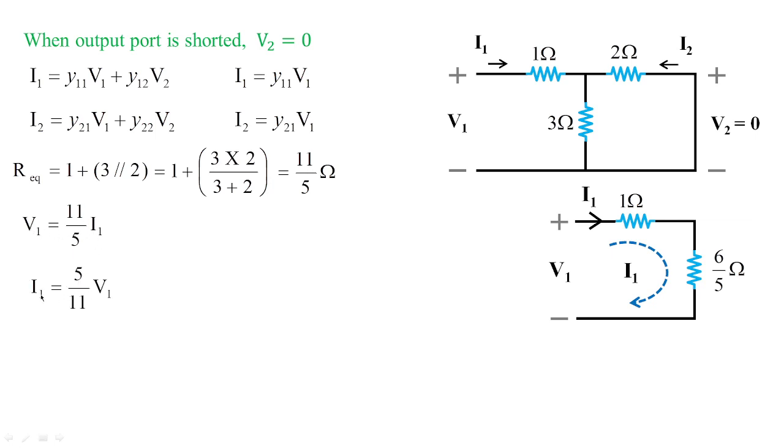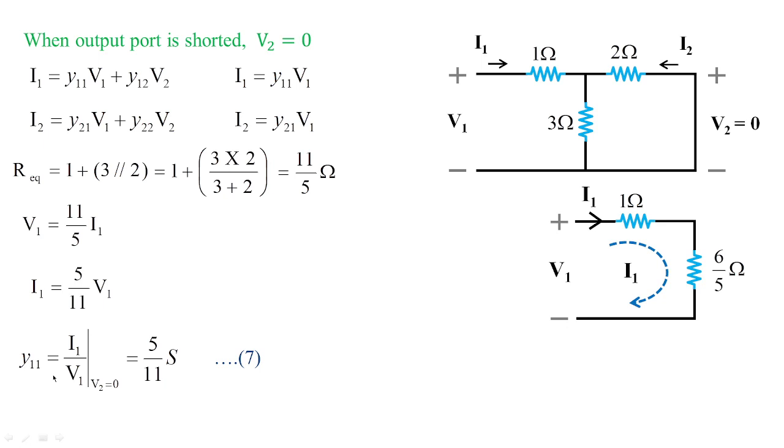In fact, I1 is equal to 5 by 11 V1, so that I can obtain the value of Y11, which is nothing but I1 by V1 with the output port short circuited, that is V2 is equal to 0, whose value is 5 by 11 Siemens. So this is the value of Y11.